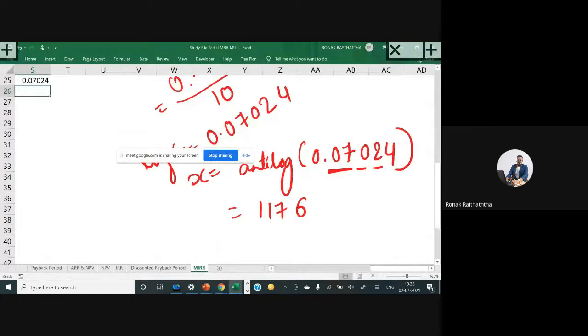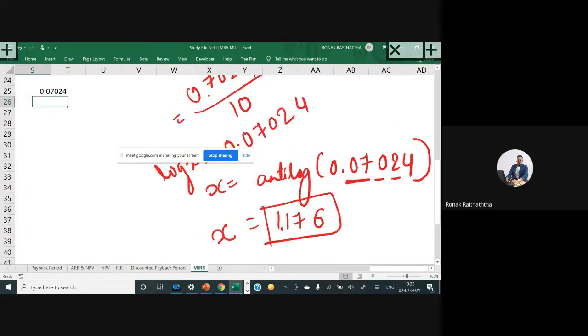So before the point, what is the number? 0. In that number you add 1. So 0 plus 1 will be 1. So your answer should start with 1 digit. You should put a point after one digit in your calculation. So 1.176 will be your answer.